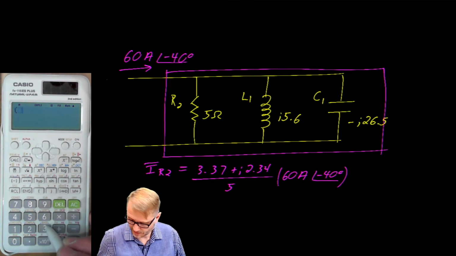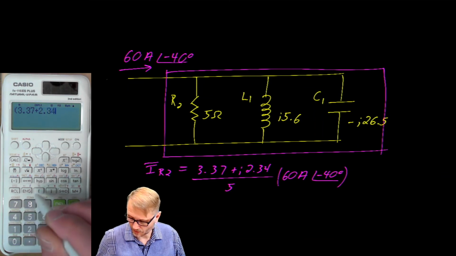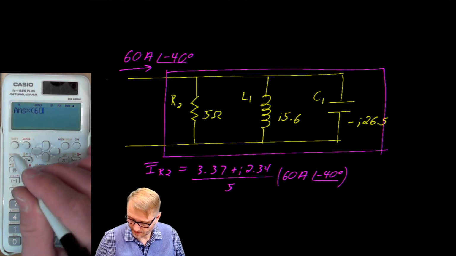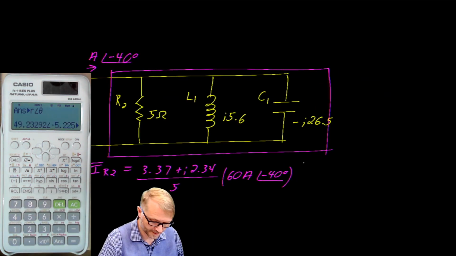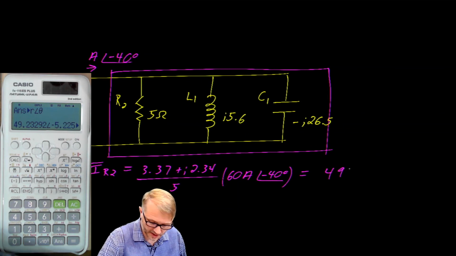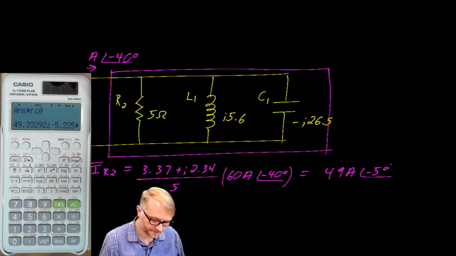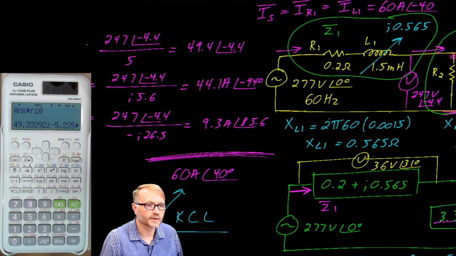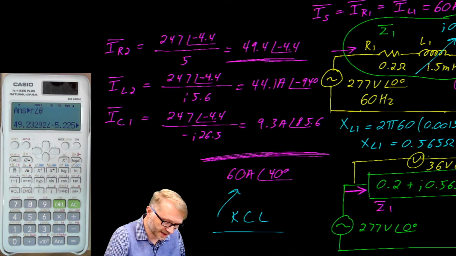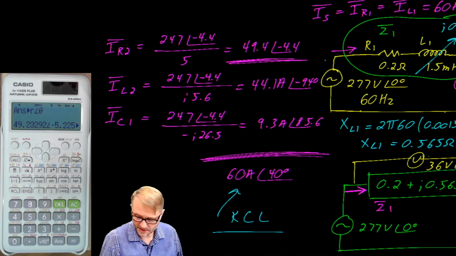So that's 3.37 plus 2.34J, close, divided by 5, multiplied by 60 at a phase angle of negative 40, which gives us 49 amps at a phase angle of negative 5 degrees. This is pretty close to our previous calculation where we had 49 amps at an angle of negative 4 degrees.